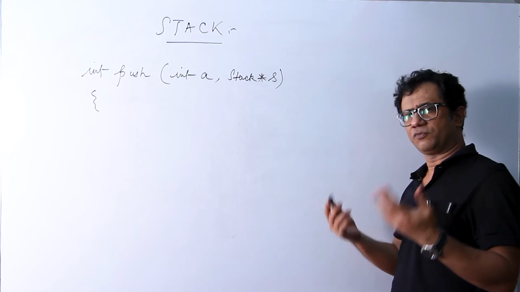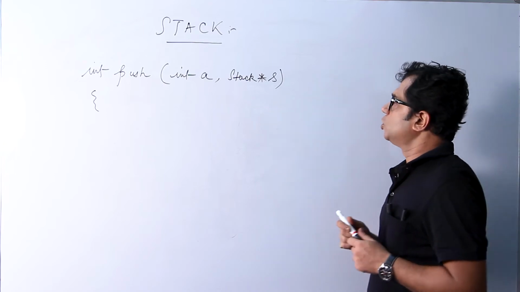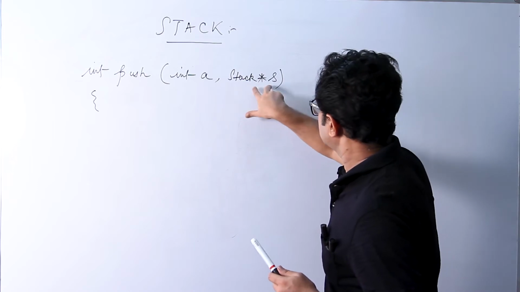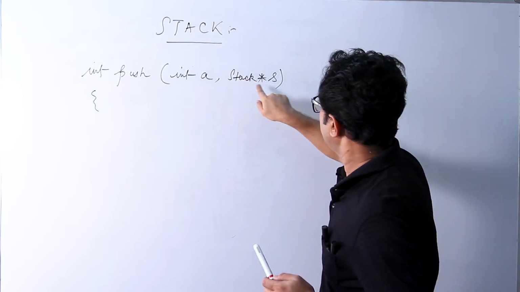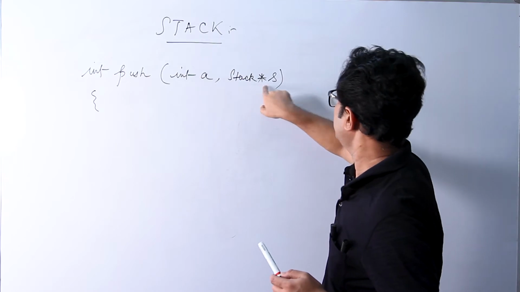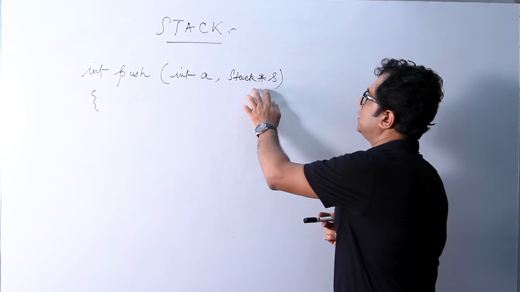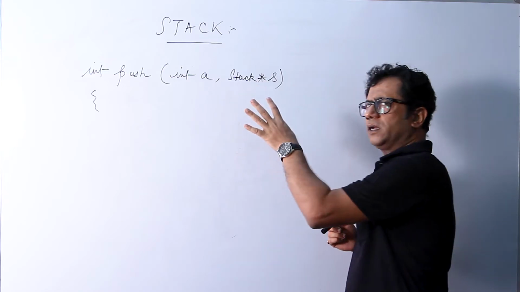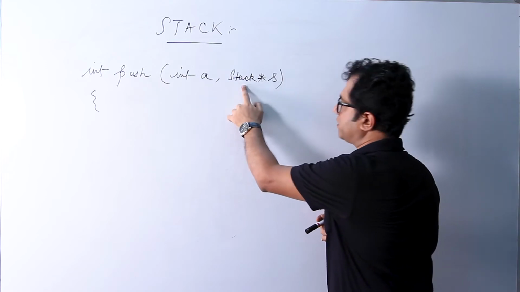So you can just refer to the previous video in order to get this thing clear. So the stack *S is nothing but, stack is the user defined data type, the star means this pointer, and S is the pointer variable. So this S is nothing but a pointer to a user defined data type, that is the stack.